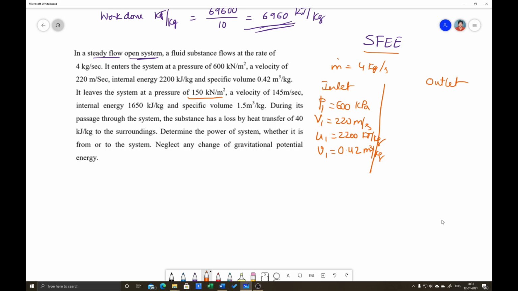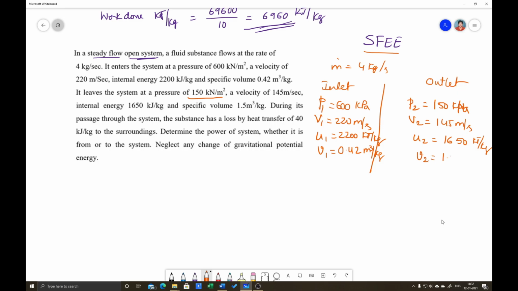It leaves the system at a pressure of, exit pressure is 150 kilonewton or kilopascals, you write. Velocity is 145 meters per second. Internal energy is 1650 kilojoule per kg.